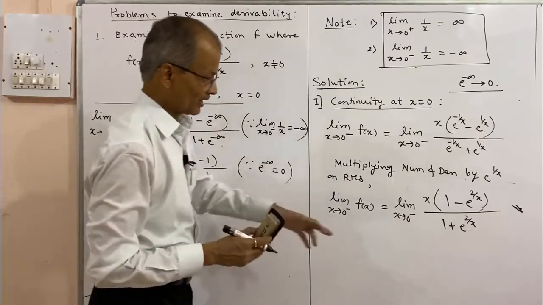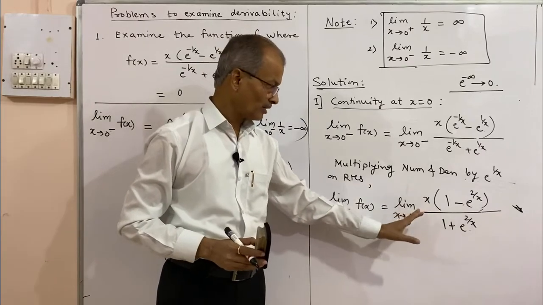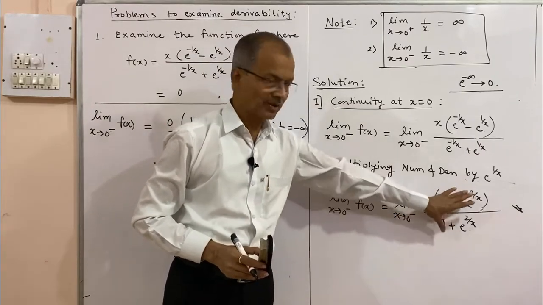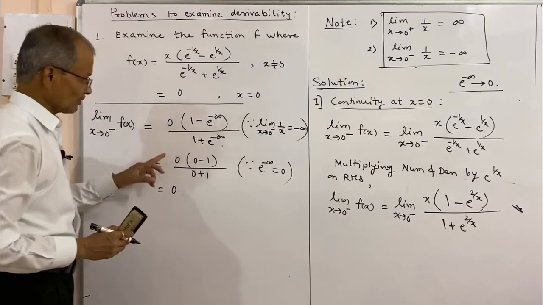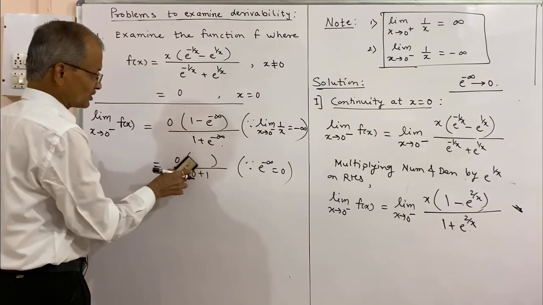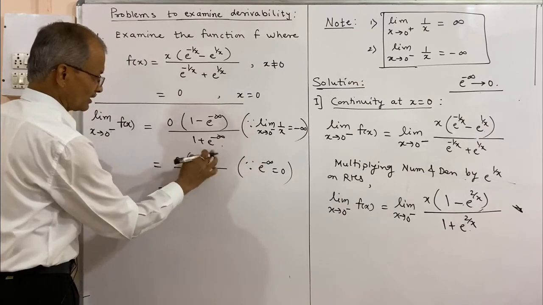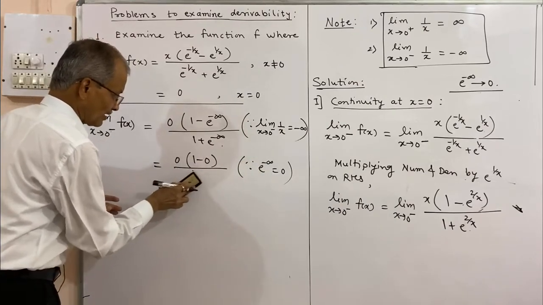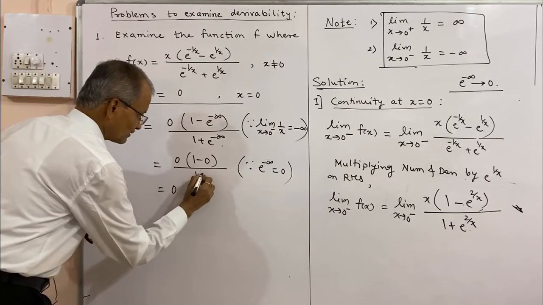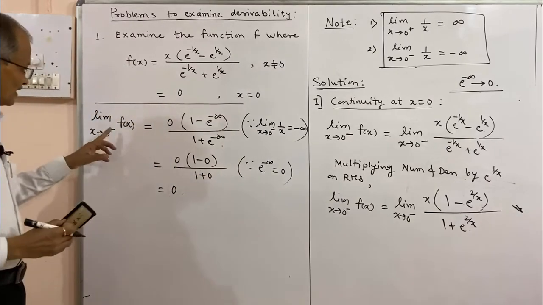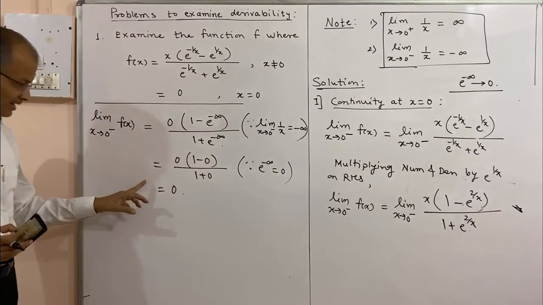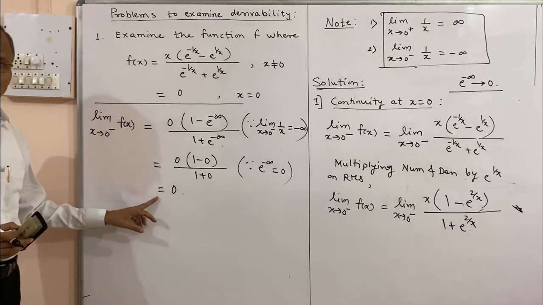Using the theorem on limit, limit of x separate, limit of remaining term separate, that is 0, and it is 1 minus 0. This is 0, and this is 1 plus 0. So thus this is the left hand limit, but earlier we have the right hand limit is also 0.